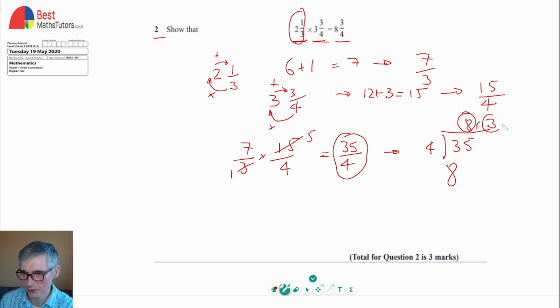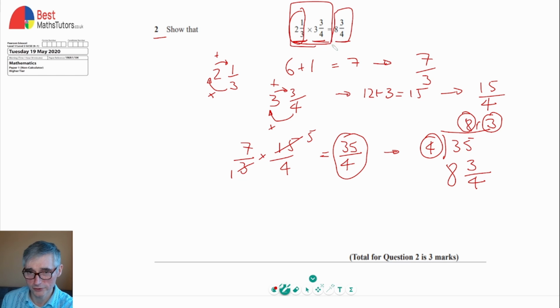Then the 3 becomes the top of the fraction, and the bottom of the fraction is the 4. So it's 8 3/4. So in fact we have shown that these two mixed numbers, when multiplied together, do equal 8 3/4. So we've done it. That's correct.